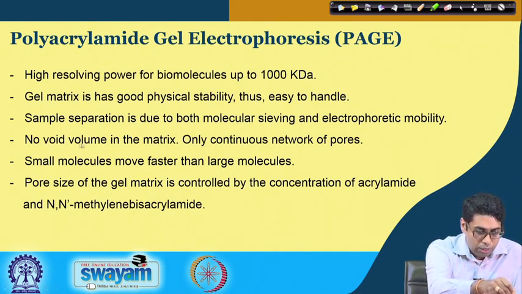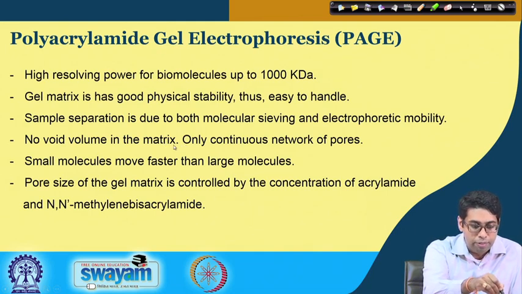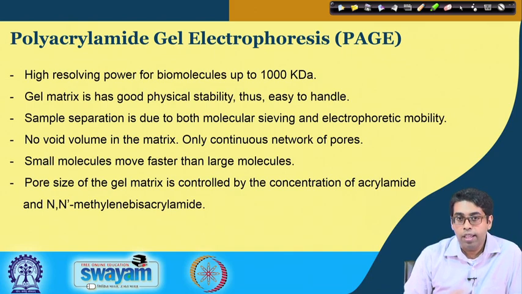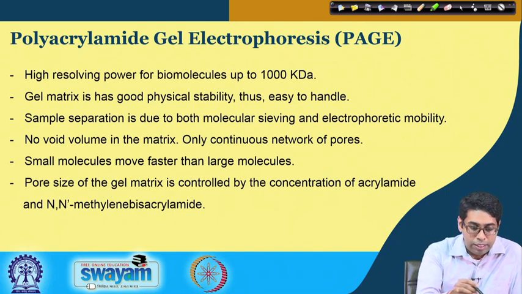At this point, it is important to point out an important difference between gel electrophoresis and the size exclusion chromatography that you have learnt about in the previous lecture, which is that there is no void volume in the matrix of a gel.